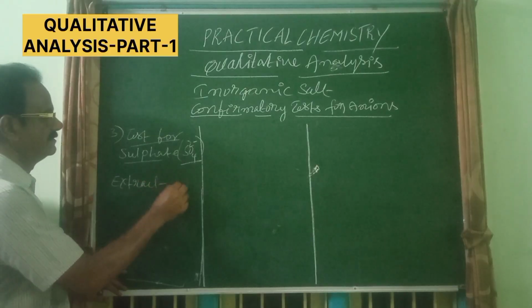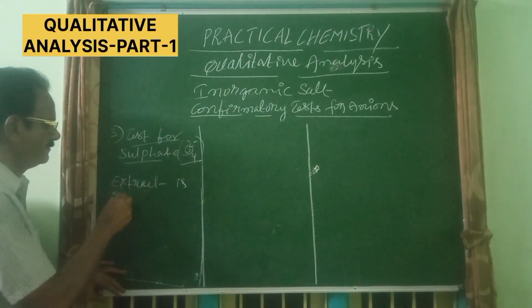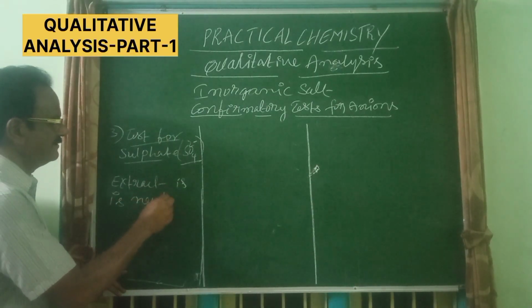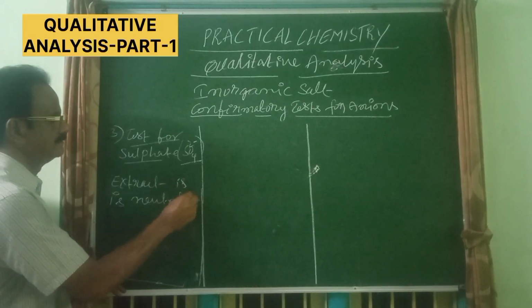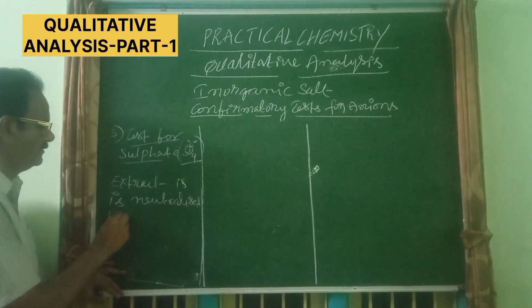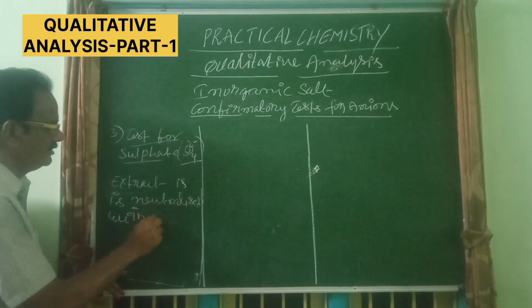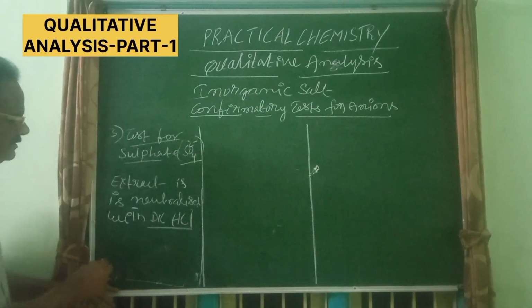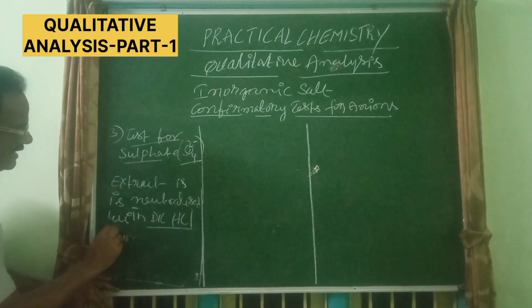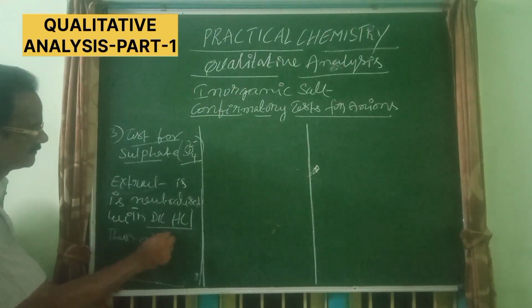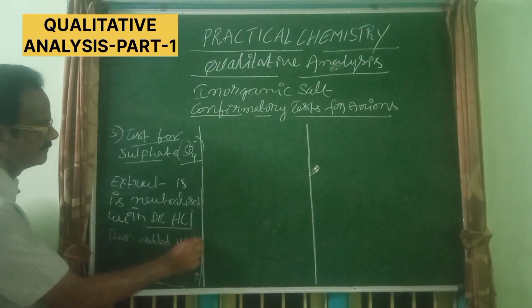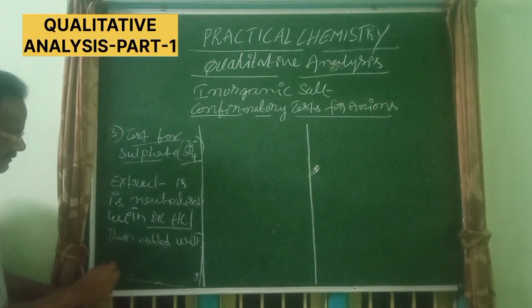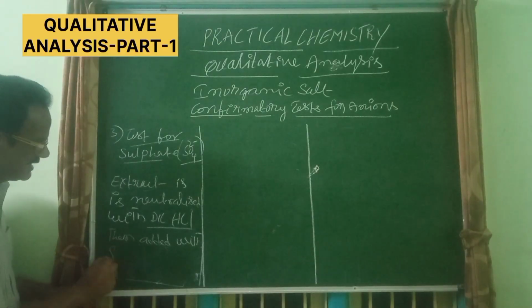Here, the extract is neutralized with the dilute HCl, keep in mind, with the dilute HCl, then added with saturated BaCl2 solution.